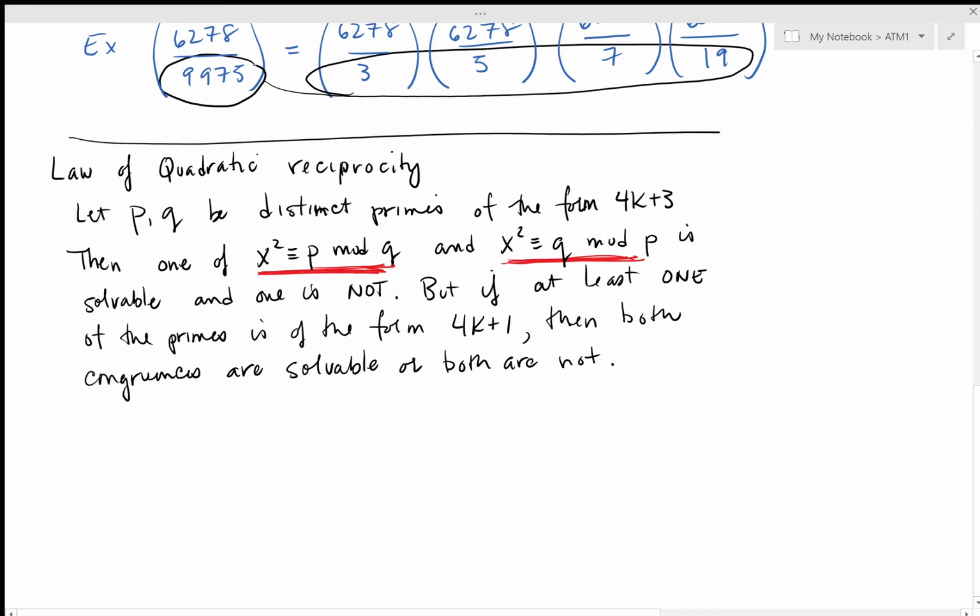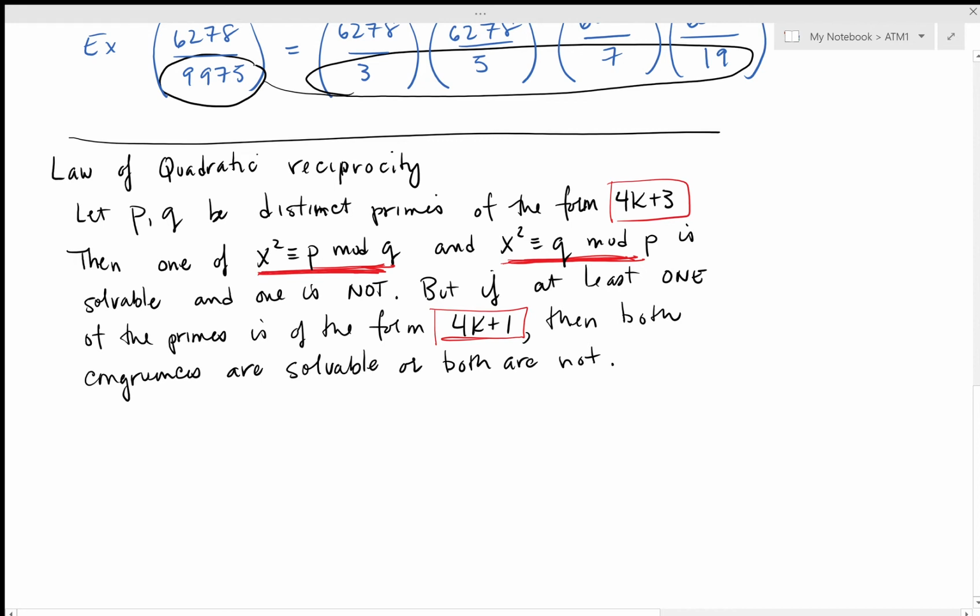So if p is a quadratic residue mod q, and the primes are of this form, then q is not a quadratic residue mod p. But on the other hand, if we have a different form of a prime number, and we find out that p is a quadratic residue mod q, then we know that q is also a quadratic residue mod p.